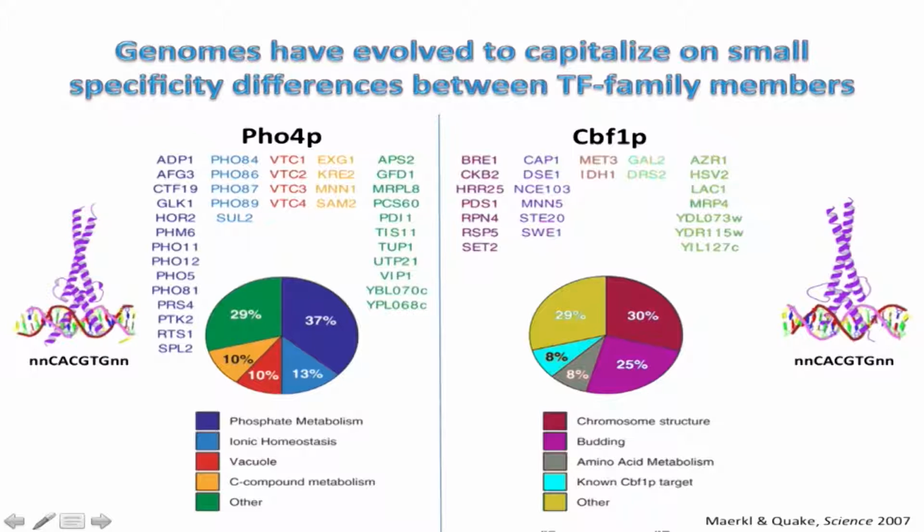And so hopefully this helps to motivate why, if we want to truly understand the underlying molecular mechanisms of transcription factors binding to their binding sites near the promoters of their downstream target genes, we need to understand these small differences in specificity between transcription factors in the same TF families that bind to very similar sequences.